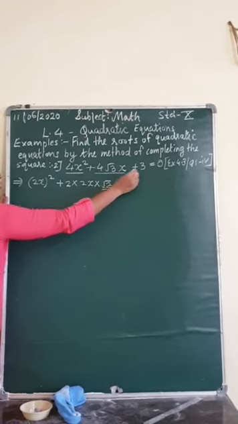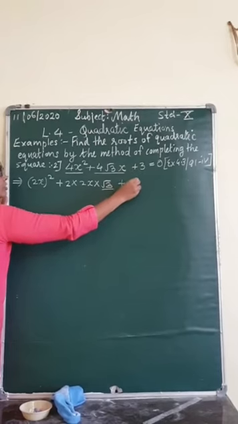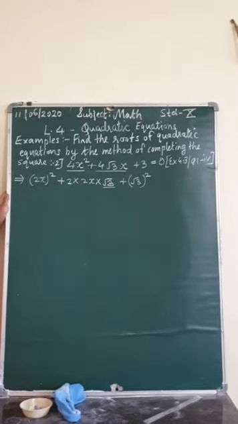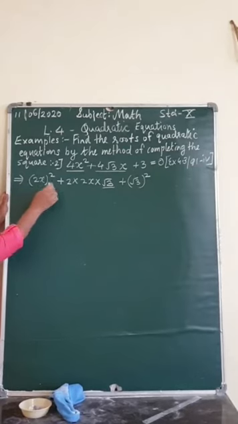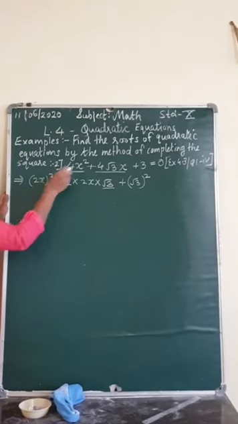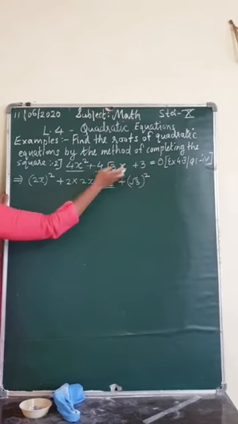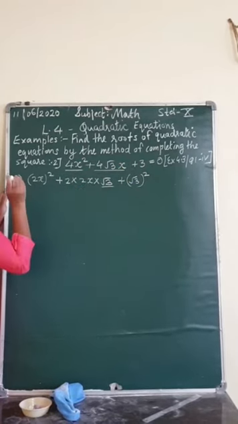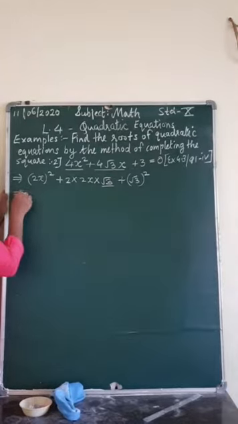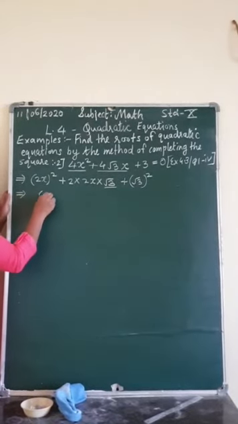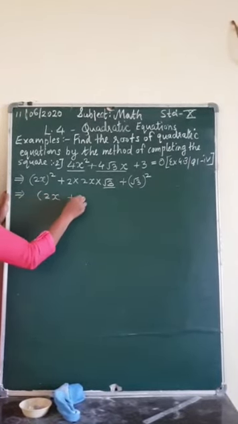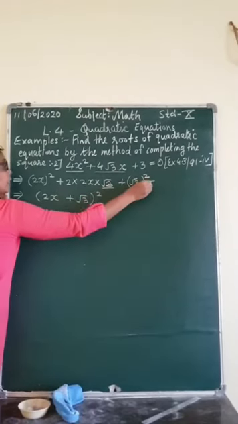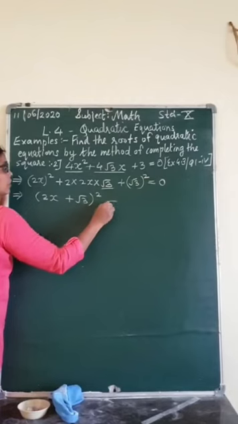So here 3 we can express as root 3 whole square. So the given LHS is already in the form of a perfect square, 2x plus root 3 whole square, equal to 0.